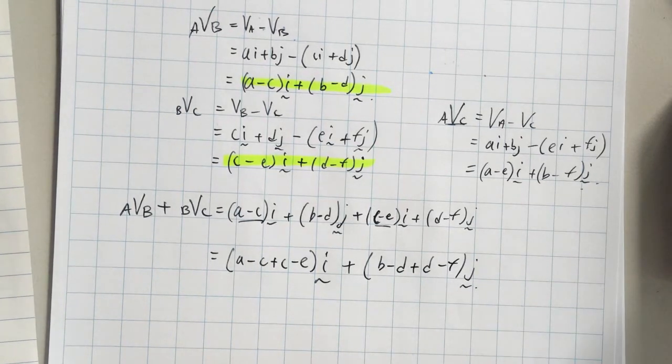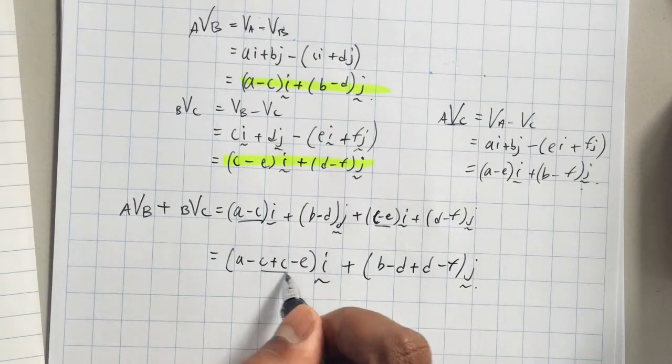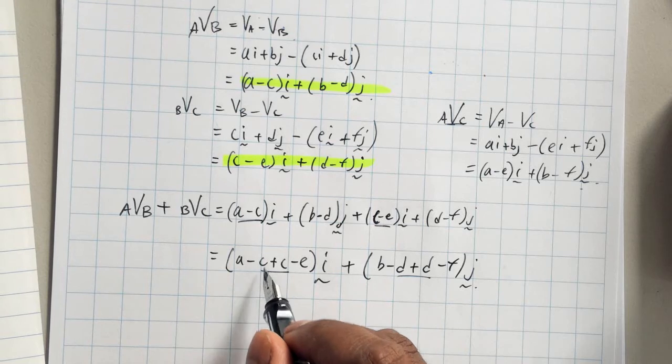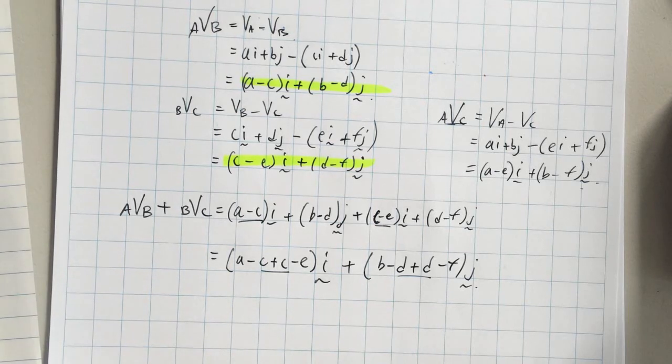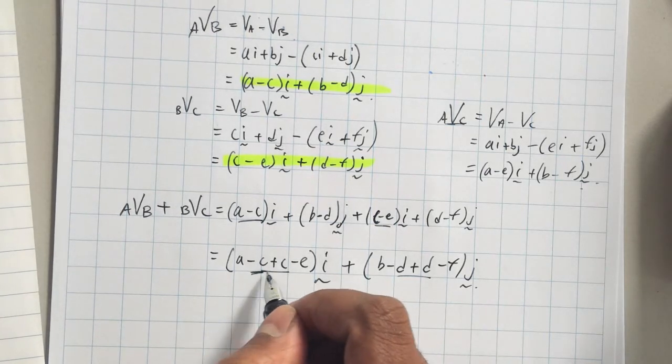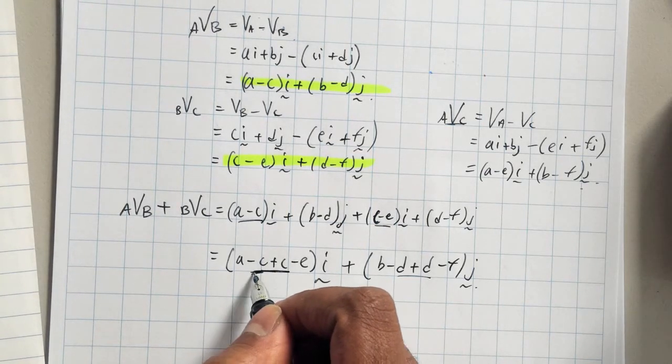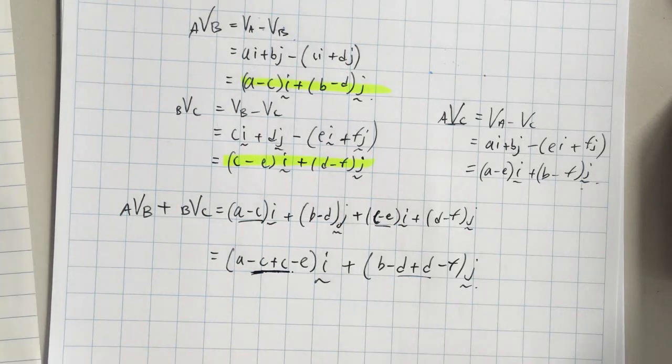Now you probably already see this, but look at my C's there and look at my D's there. Negative C plus C. If I have negative 5 plus 5, I'm going to end up with 0. If I have negative 4 plus 4, I get 0. If I have negative 1,000 plus 1,000, I get 0.